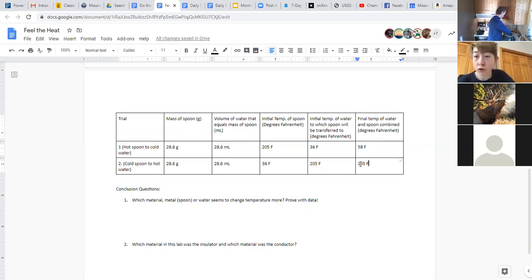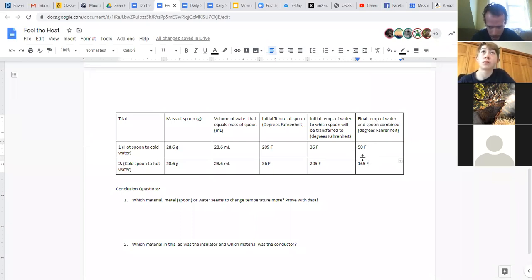Is the cold spoon that went into the hot water a greater temperature because it had a greater area of hot water? Nope, the amount of water and the mass of the spoon are the same. I don't know if this answers your question or not, Preston, but what we need to assume is that this column right here is what both the water and the spoon end at.